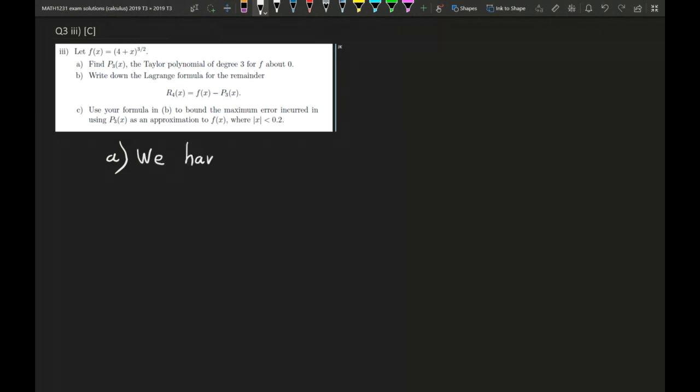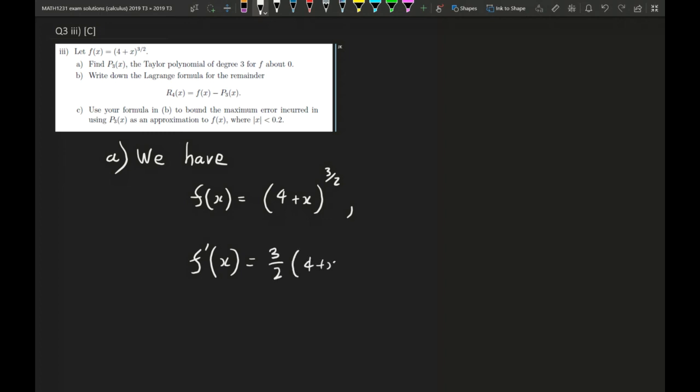This is just a little bit of collection work. So we're given this formula, and because of that, we get the following derivatives. The first derivative is fairly easy: 3 over 2 times (4 + x) to the power of 1 half.